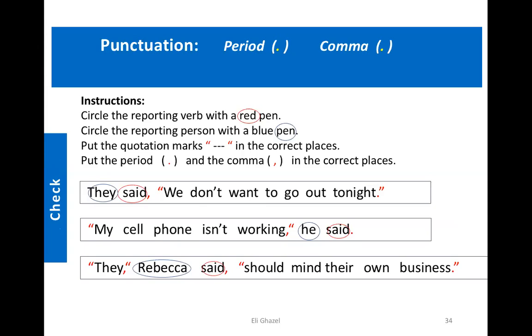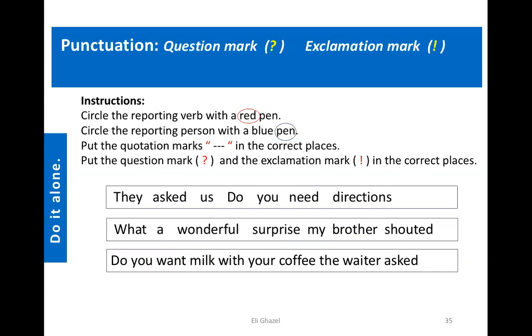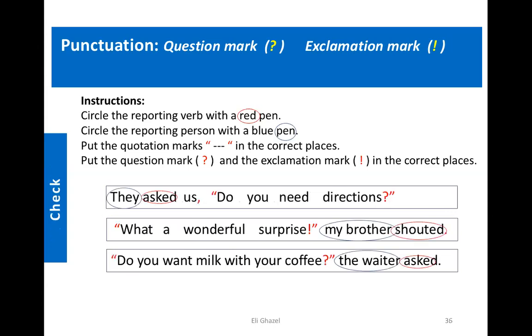And the next one is the same, except instead of period and comma, we have exclamation mark and question mark, plus what they have done before, the punctuation of period, comma, quotation marks, etc. So let's check when they finish. They need to do this alone first, and then you give them an opportunity to check.